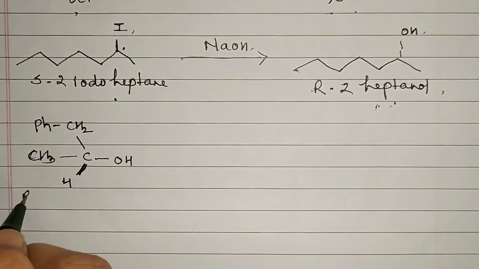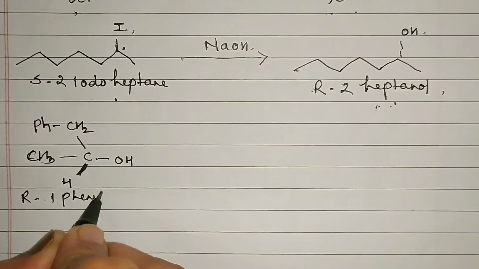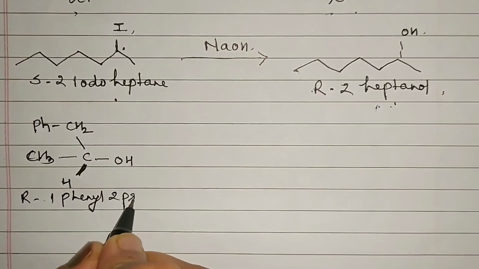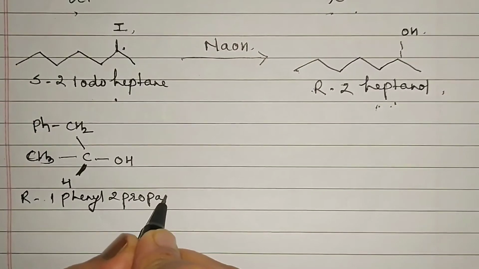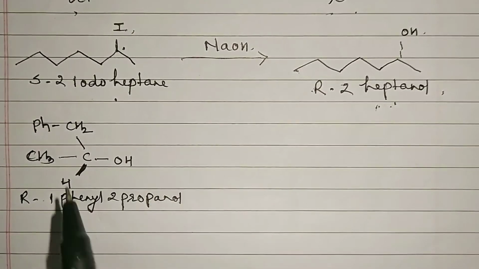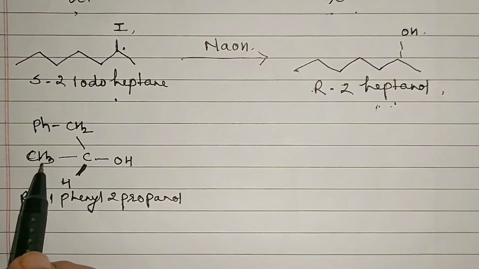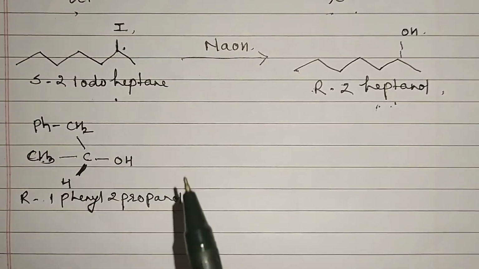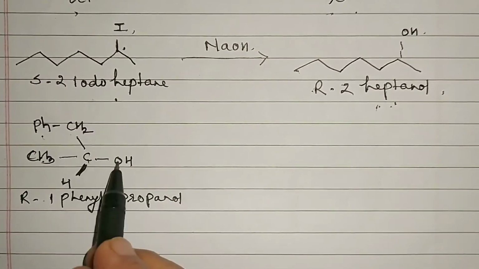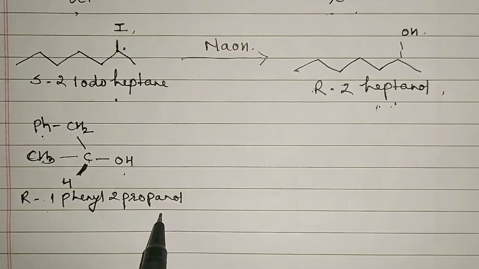This is R-1-phenyl-2-propanol. This compound is a derivative of propane because there are 3 carbons, 1, 2 and 3. At carbon number 1 there is a phenyl ring and at carbon number 2 there is an OH group. So this is 1-phenyl-2-propanol.